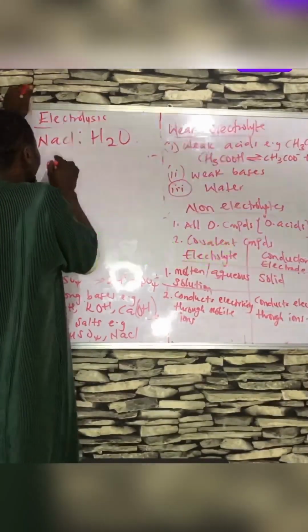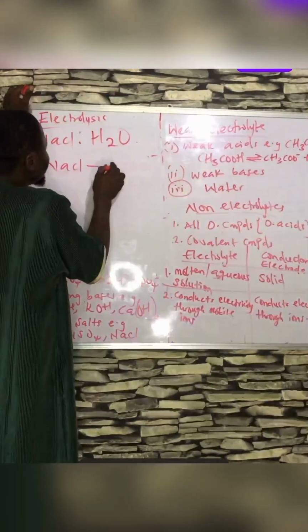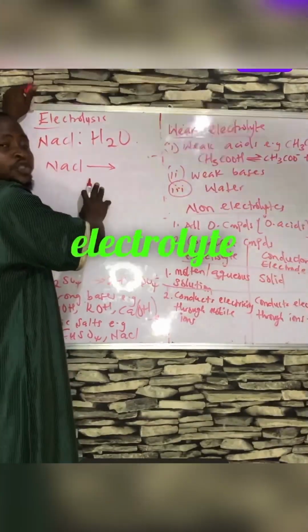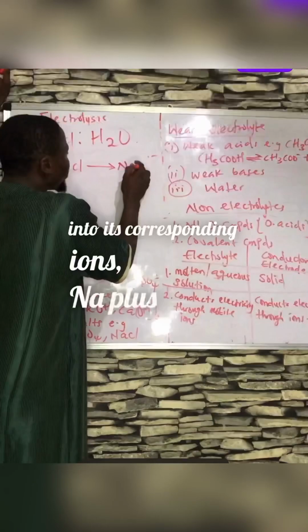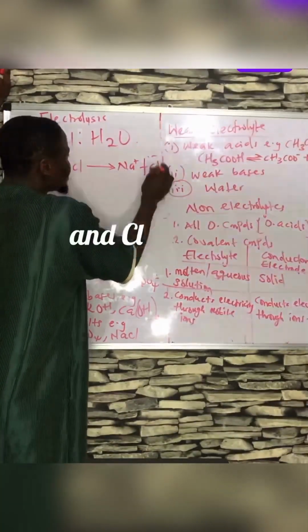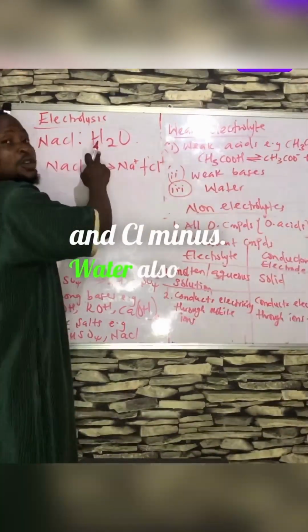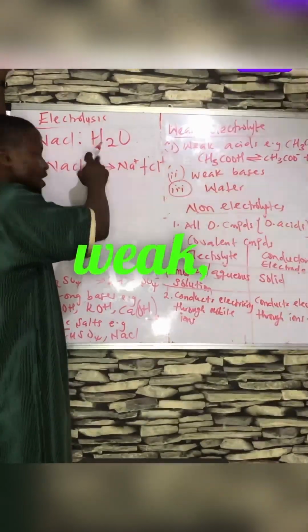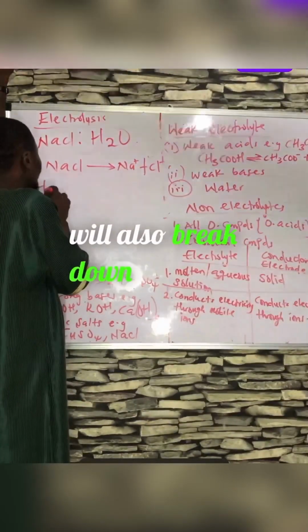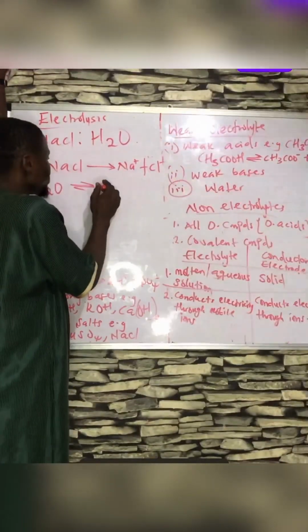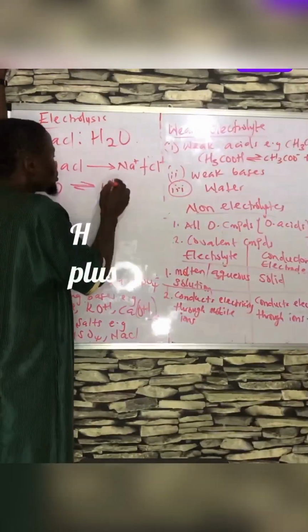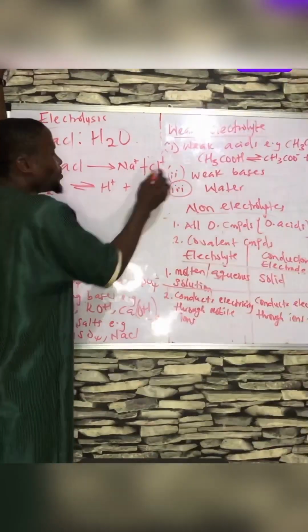The sodium chloride, being a strong electrolyte, will break down into its corresponding ions, Na plus and Cl minus. Water, also being an electrolyte, even though it is weak, will also break down into its corresponding ions, H plus and OH minus.